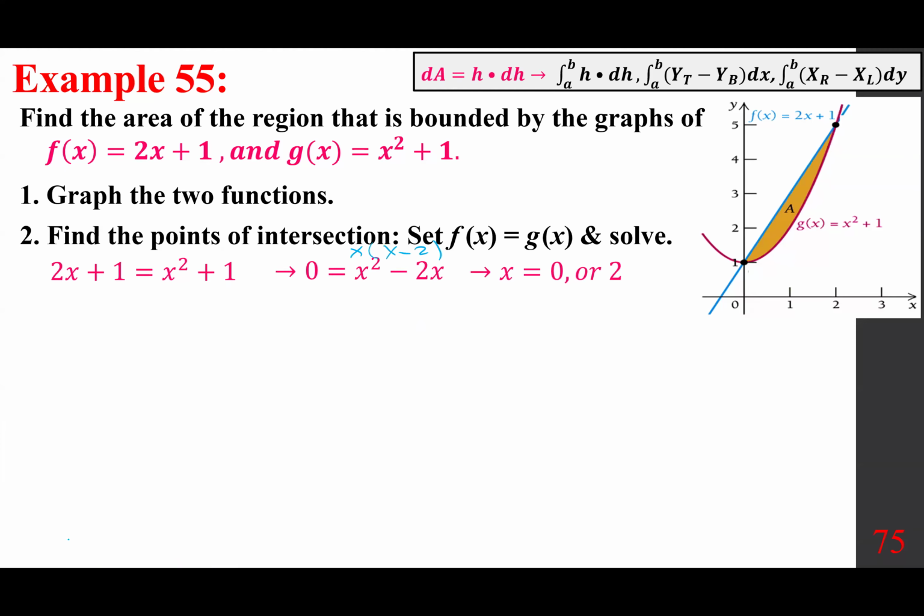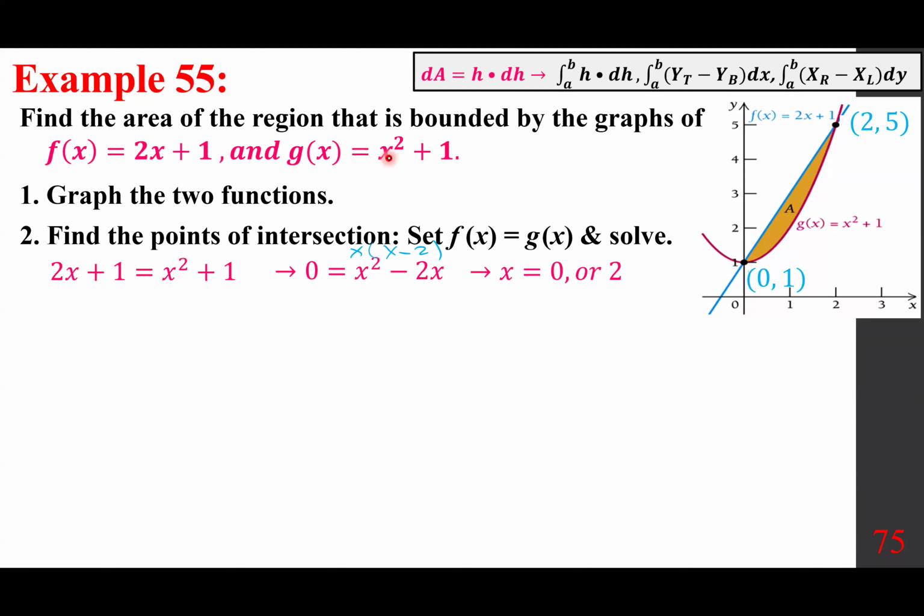And now I'm going to say, okay, when x is 0, y is 1. When x is 2, x squared is 4, plus 1 is 5. And again, it's important to know that you really have to check it. If you check it with this one, you see the same thing.